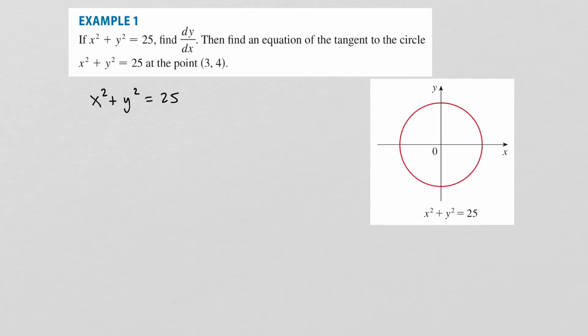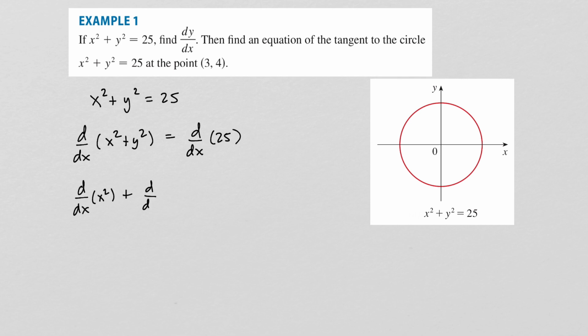So to take the derivative here, I'm going to start by simply taking the derivative with respect to x of the left-hand side of the equation and the derivative with respect to x of the right-hand side of the equation. And then, of course, we will take the derivative of x squared plus the derivative of y squared, and that will equal the derivative of 25.